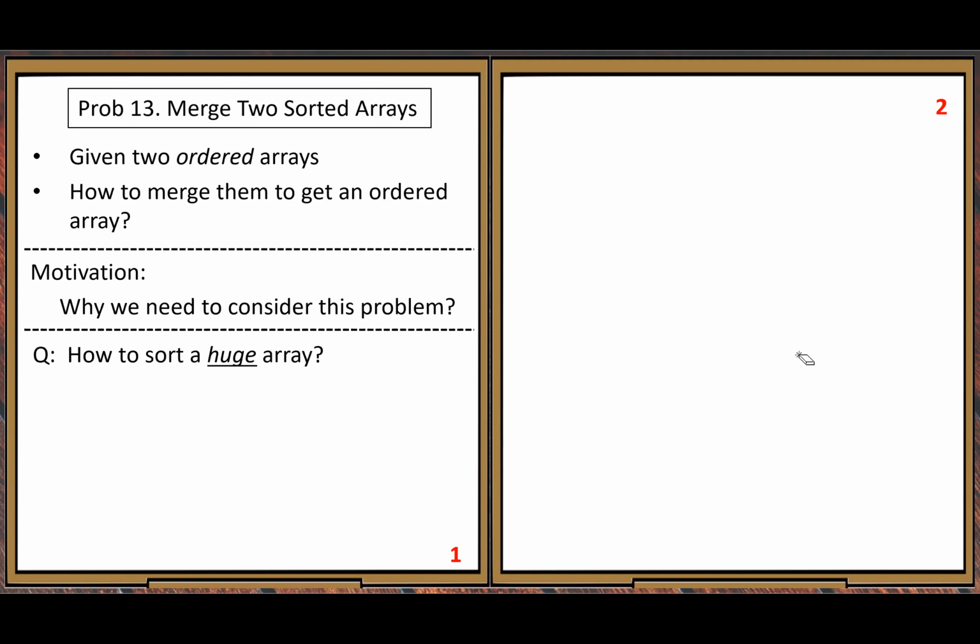I never talk about that. Currently, when we do the sorting, we didn't consider the limitation of our computer.